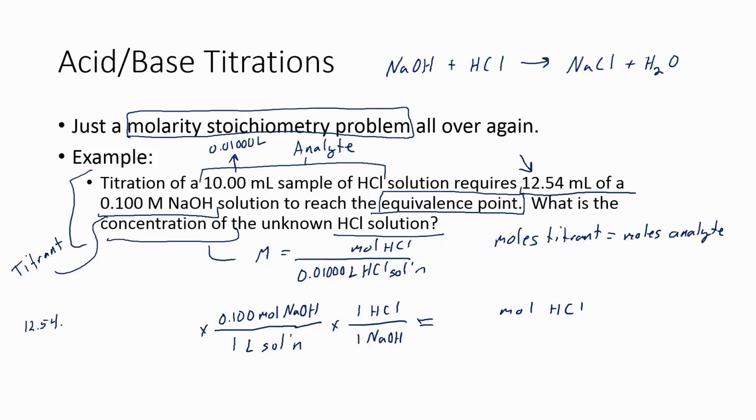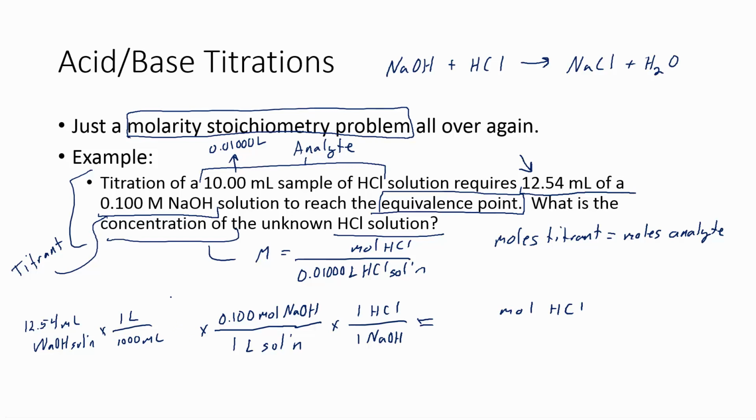So 12.54 milliliters of sodium hydroxide solution times 1 liter every 1,000 milliliters. Good. Now we're in business.